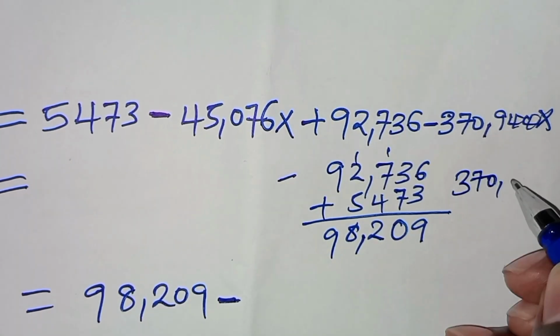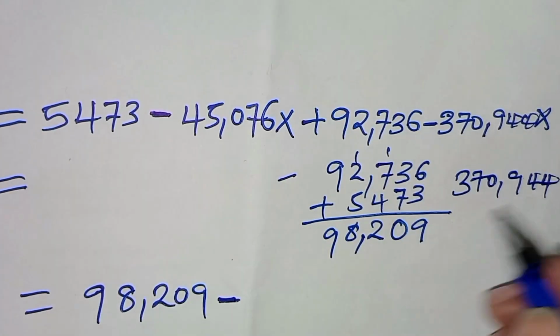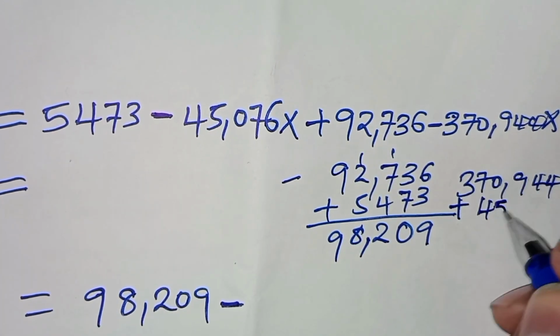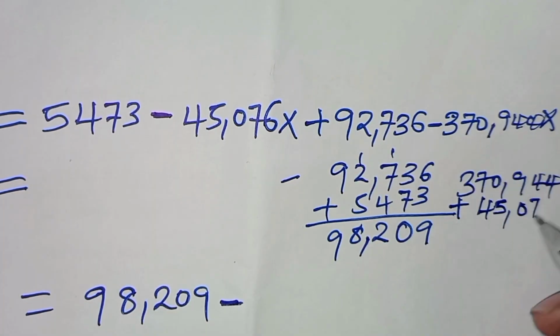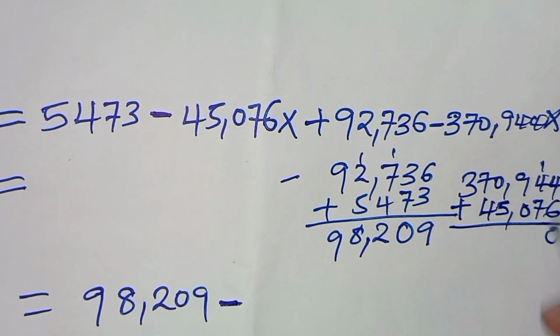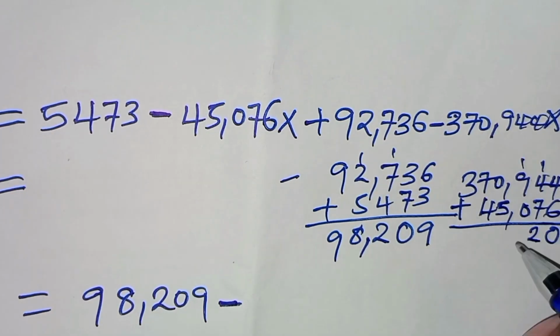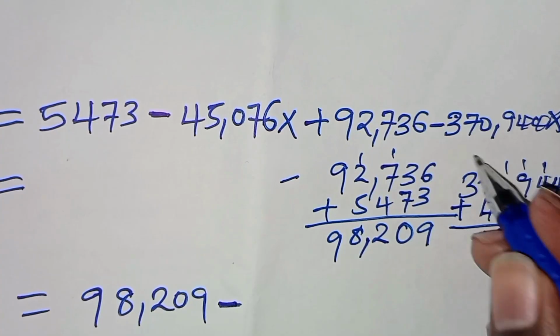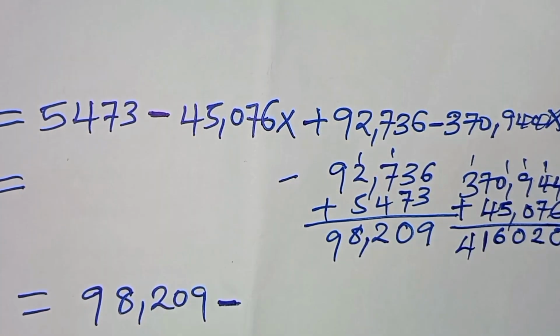Subtract. Now here we have 370,944 plus 45,076. So here we have 10, carry 1, again 12, carry 1, 10, 0, 1, 6. This is 1, carry 1, 4, 16, and 20.